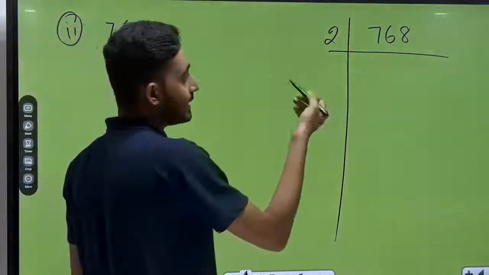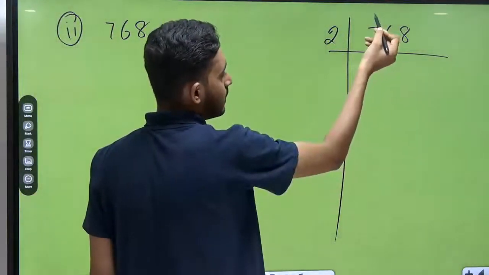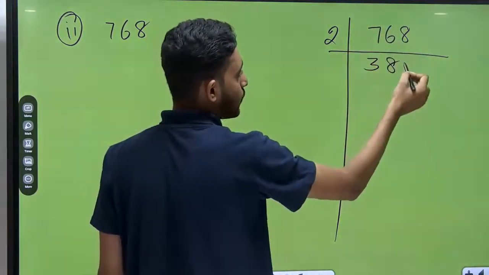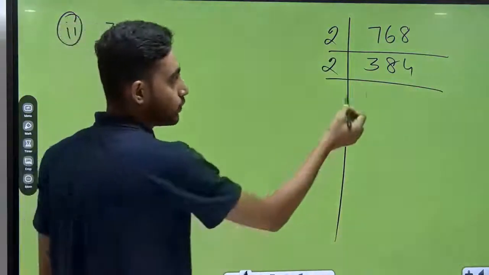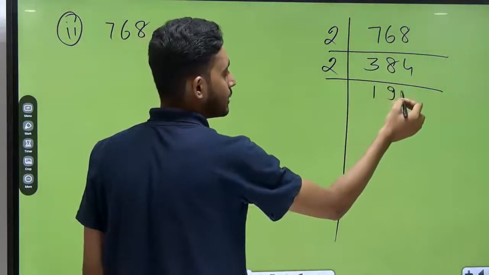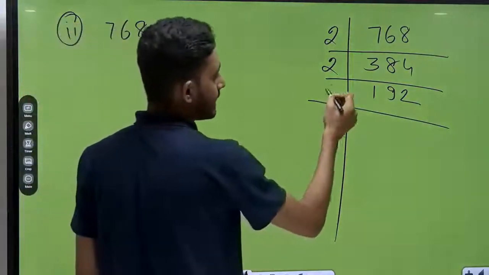So how will we divide? Directly, 2 threes are 6. Now 1 carry, right? 1 and 6 is 16. 2 eights are 16, and this is 2 fours are 8. Done. Again we'll take 2. So 2 ones are 2, 1 remaining 18, that is 2 nines are 18, and 2 twos are 4. Okay, next we can say this is again 2.